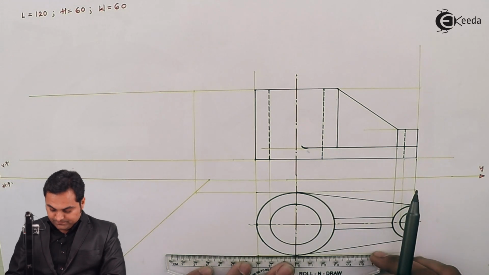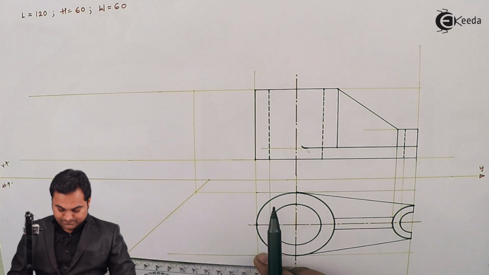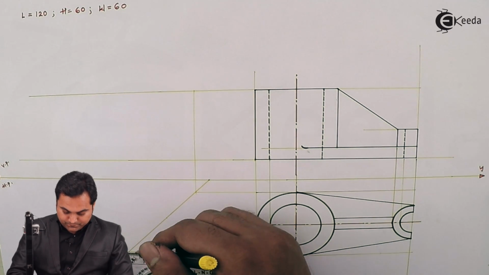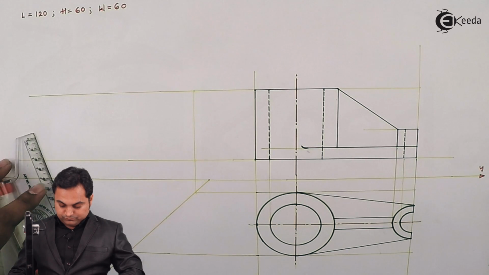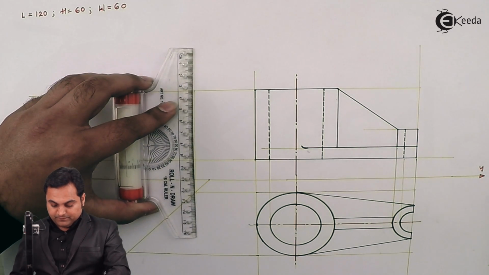Similarly from here, I'll project this horizontal line up to this 45 degree line and then project it upwards.